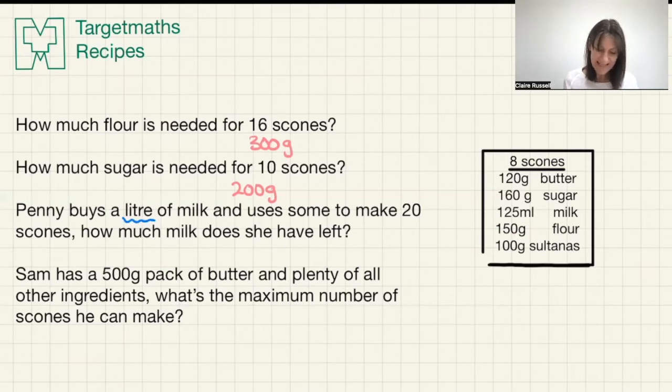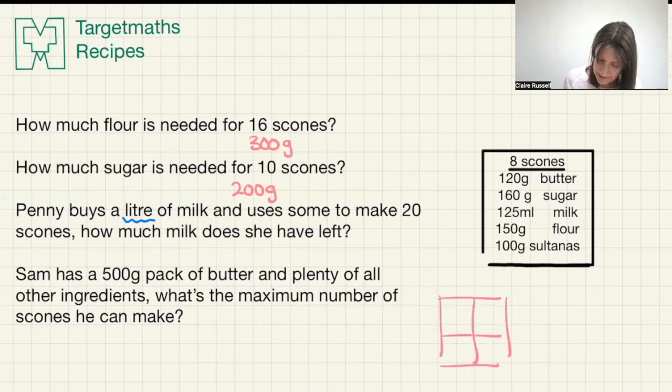Okay, so Penny buys a litre of milk and uses some to make 20 scones. All right, so let's get this set up. So we've got our milk and our scones. We need 125 millilitres for 8 scones. What I actually want to know is how much milk I'm going to need for 20, because that's how many she's going to make.